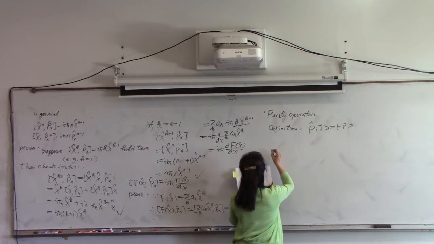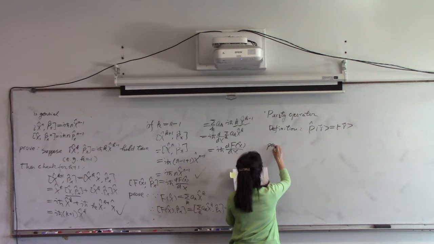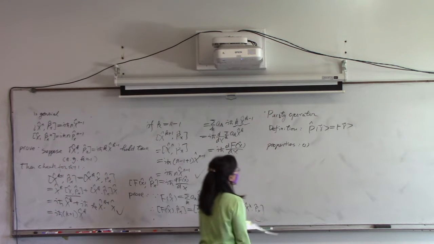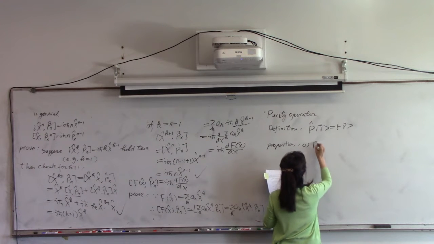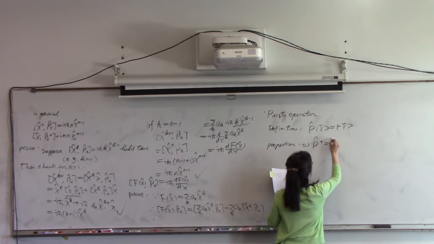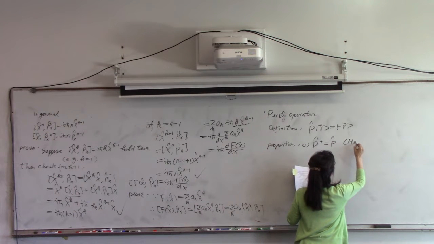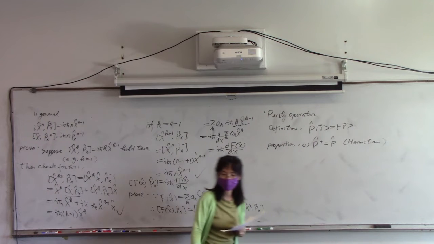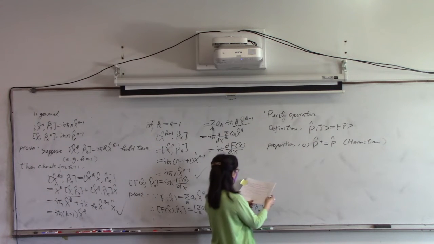And then the properties. First one, this parity operator is Hermitian. So to prove that, we can do this.